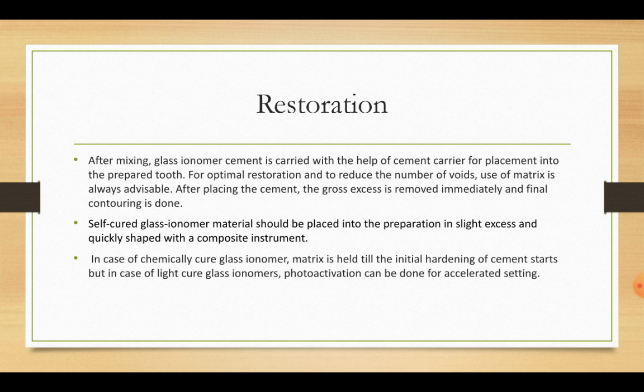That means in light cured glass ionomers, light curing can be done immediately after placing of the restoration, and the step of surface protection with a matrix, or with light cure resin or Vaseline, can be skipped, because the light cured glass ionomers are not that sensitive to moisture and desiccation.